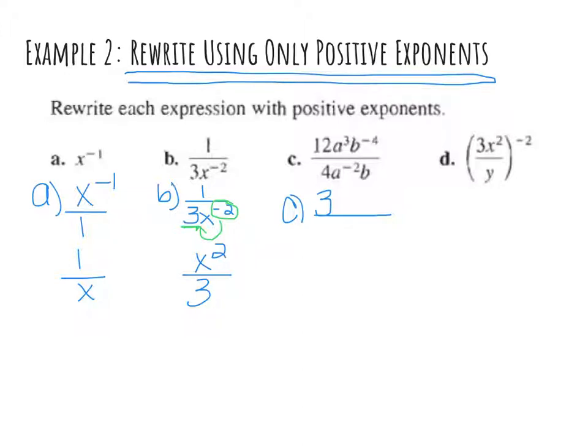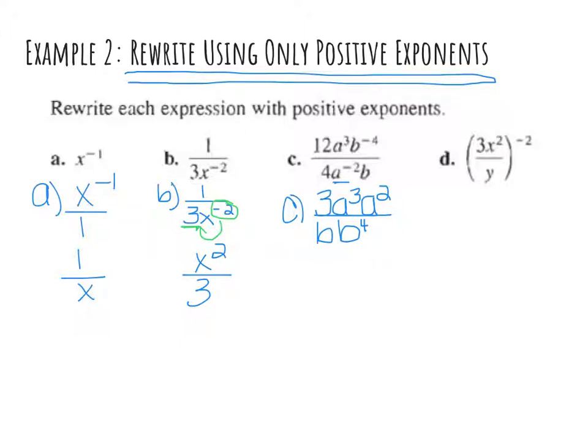I'm going to keep that a cubed in the numerator, but the a from the denominator is not where it needs to be, so we'll bring it up to the numerator and make it positive. Notice the b from the denominator is fine, but that b to the negative 4 in the numerator comes down to the denominator and becomes positive.